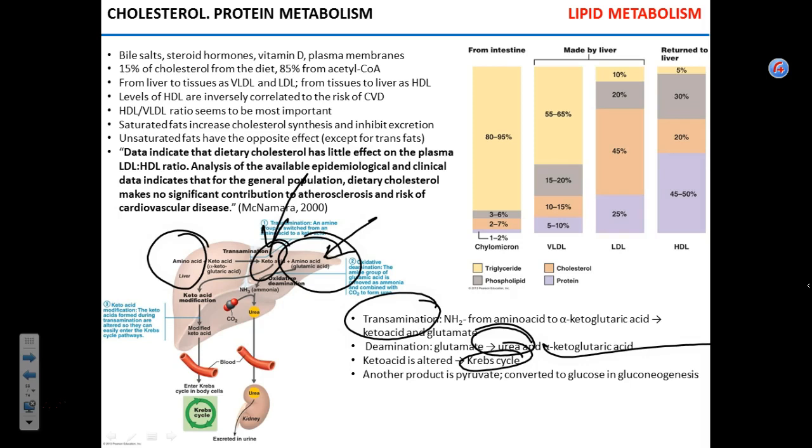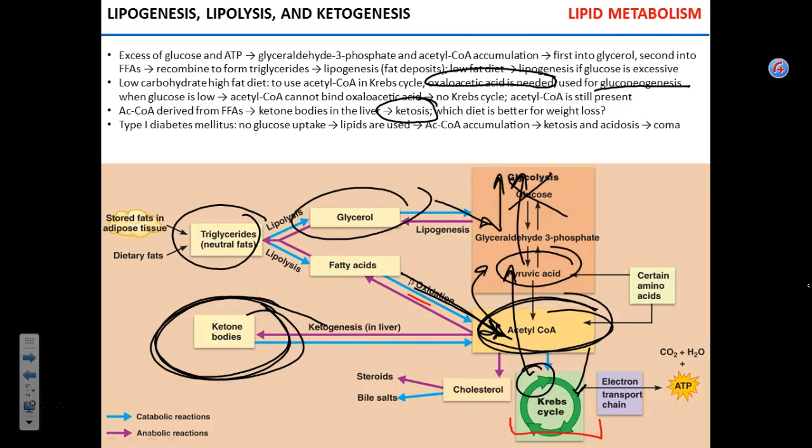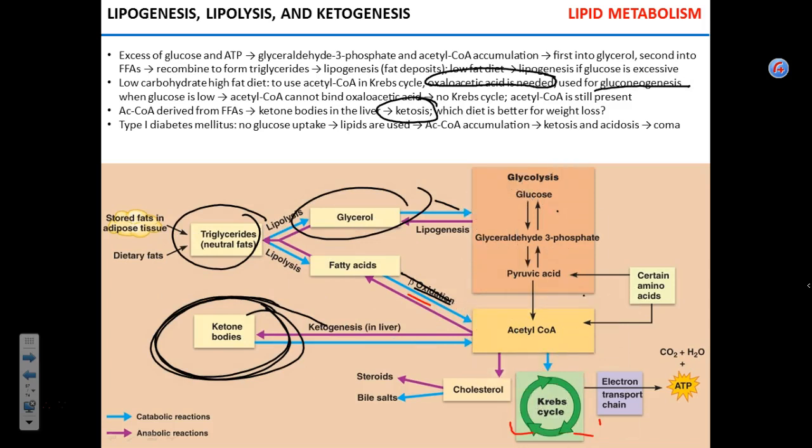Basically, what you need to understand is that products of protein metabolism can be either destroyed in deamination, or after transamination can become pyruvate or enter the Krebs cycle. That's as much as I want you to know. Are we good?